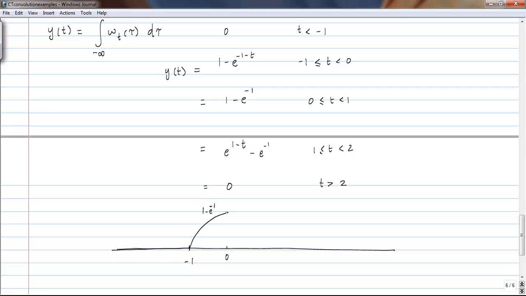And then it stays that way until t is 1. Then it decays to 0 at t equal to 2, and then it stays at 0.